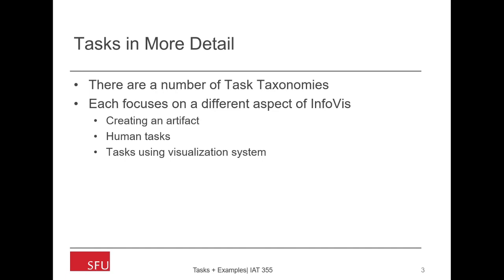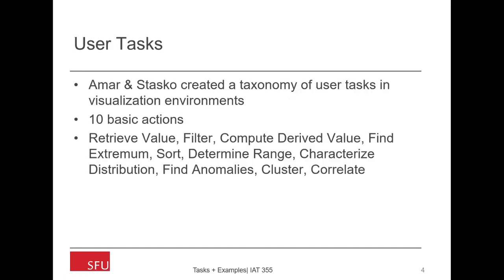Another focus is human tasks, the kinds of things that people think about when they're doing analysis. And a third is those kinds of human tasks, those analytical needs, formulated or reformulated through the use of visualization systems.